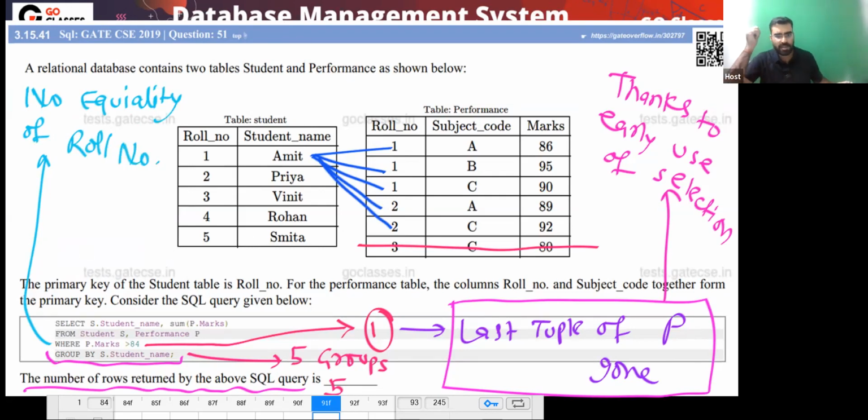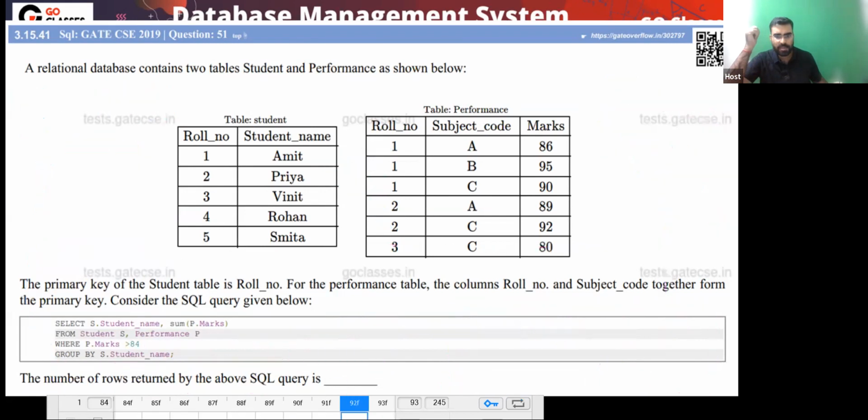In the same question, I can create one variation. I told you that in the from clause, you can put natural join.